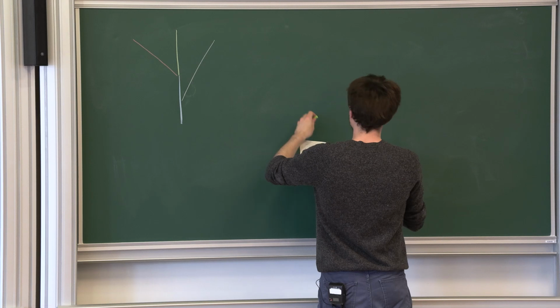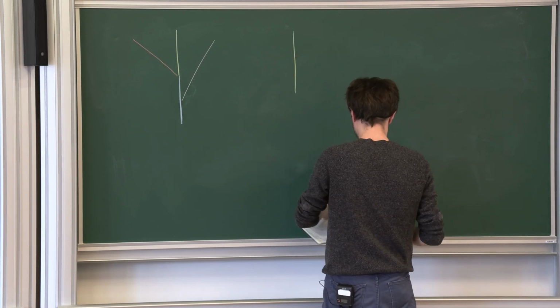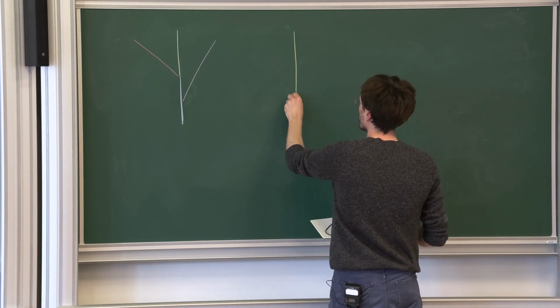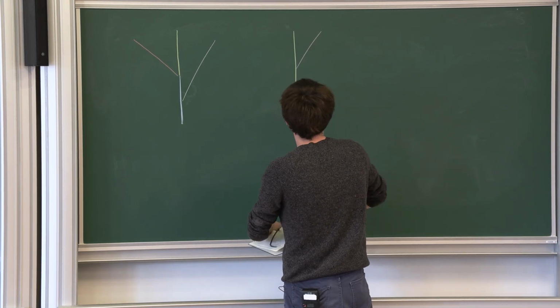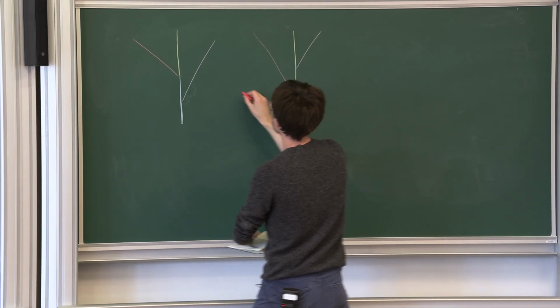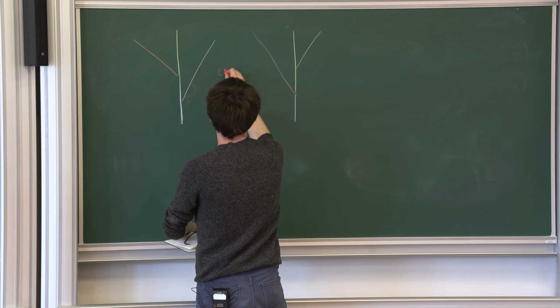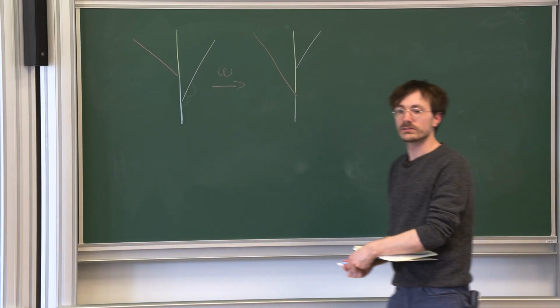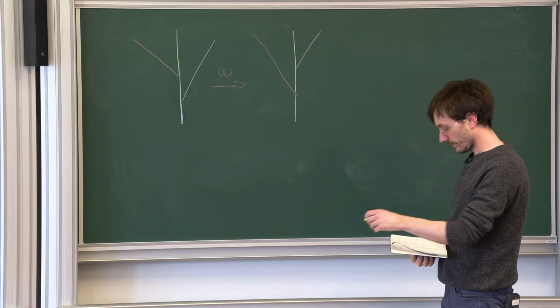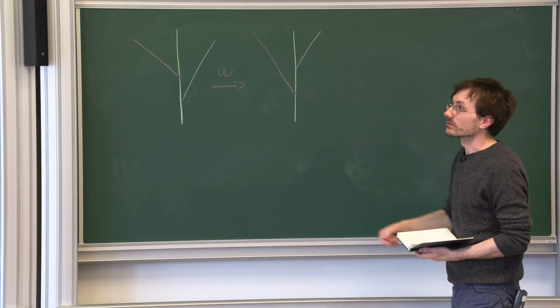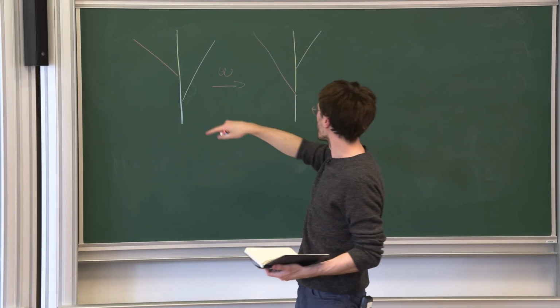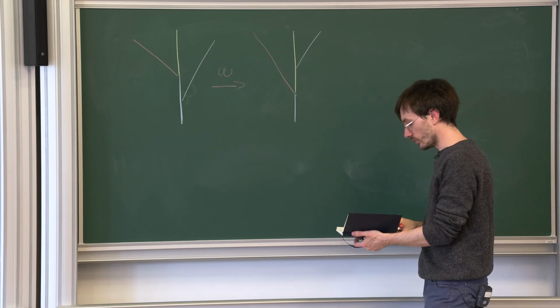On the other side, you have something that looks like this: blue, white, and red. This is the new type of omegas. These have to satisfy, as I said, the Pentagon equation, which you just do the same as before; you just add this new color.